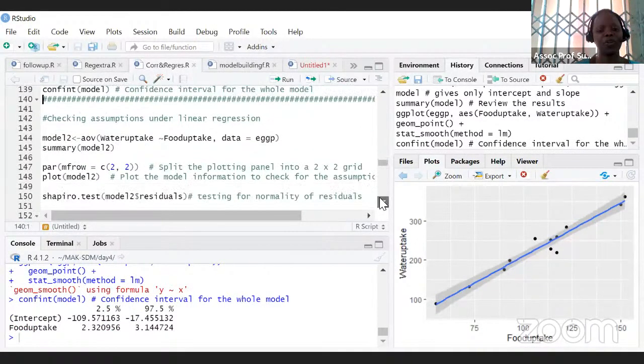Okay. Now, assuming you want to get an analysis of variance model, you use the AOV function in R to get an analysis of variance model. But we remember that we had assumptions. We stated that Y is linearly related to X. That has been tested by the scatter diagram.